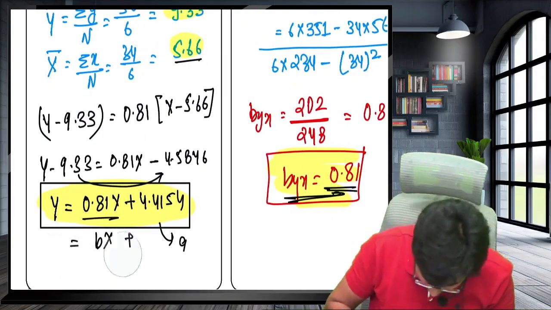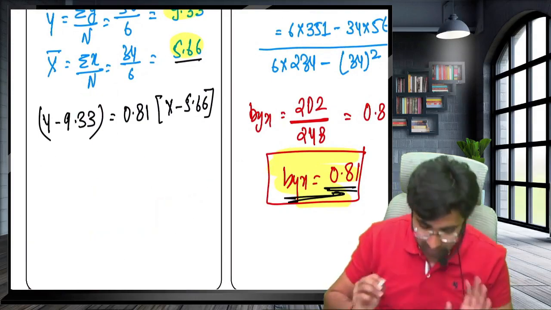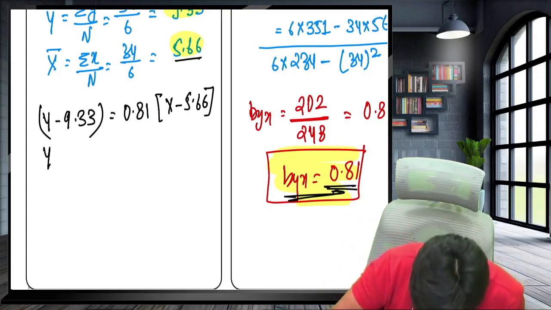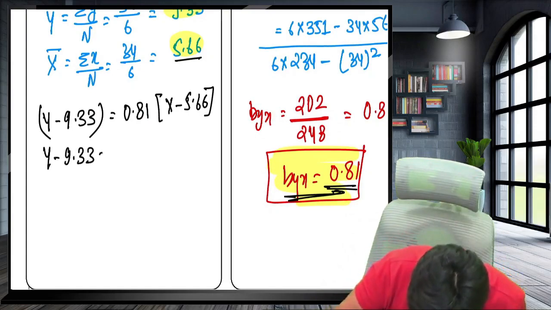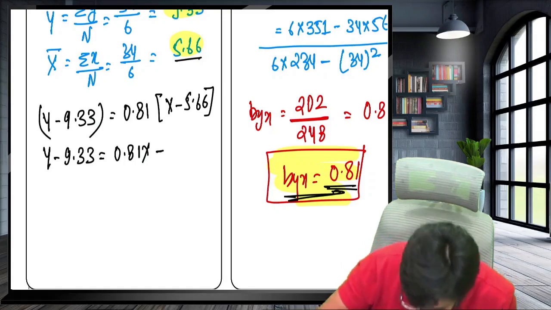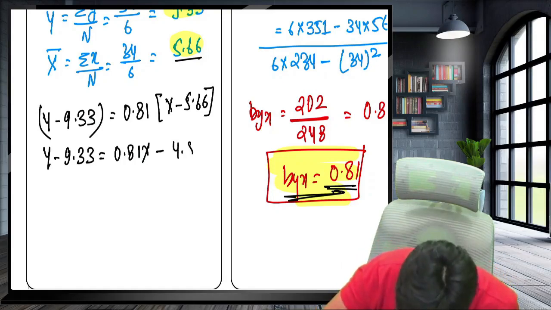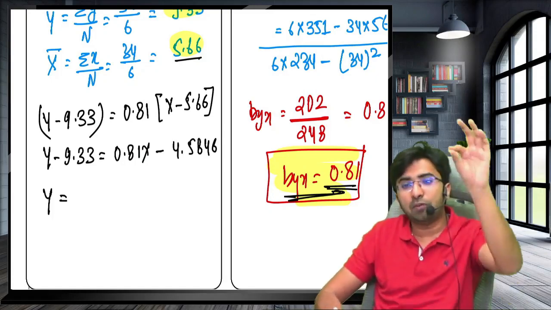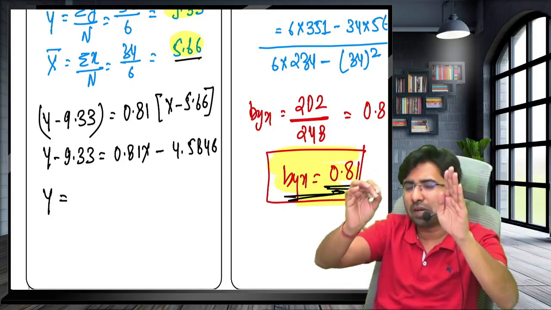Okay, guys, let's solve this again. I put this over here. Now let's solve: y minus 9.33 equals, let's open the bracket, 0.81x minus 0.81 into 5.66. This is minus 4.5846. Let's make y on one side. Why am I keeping y on one side? Because I have to present y on x.